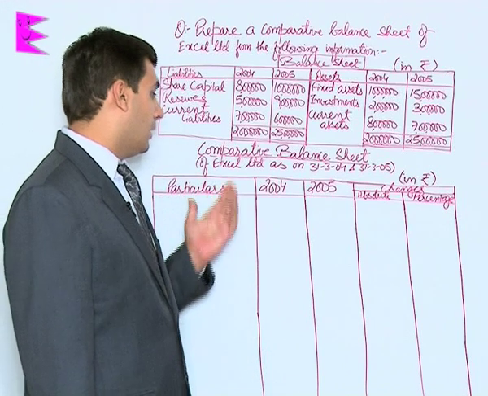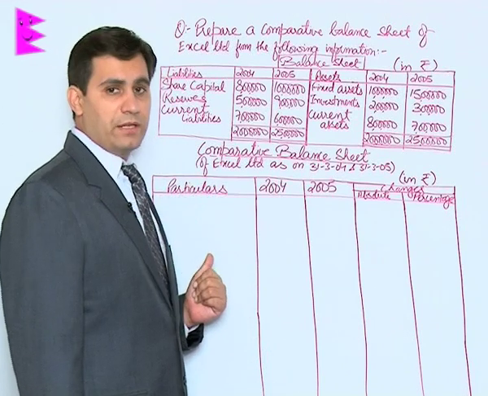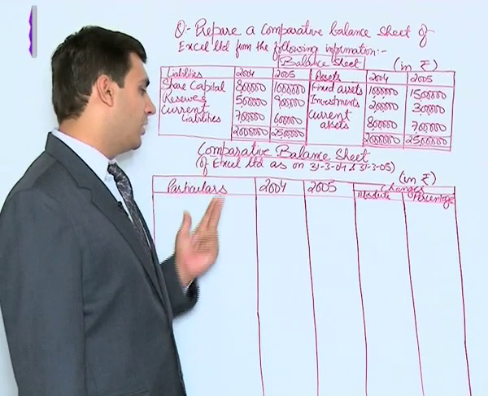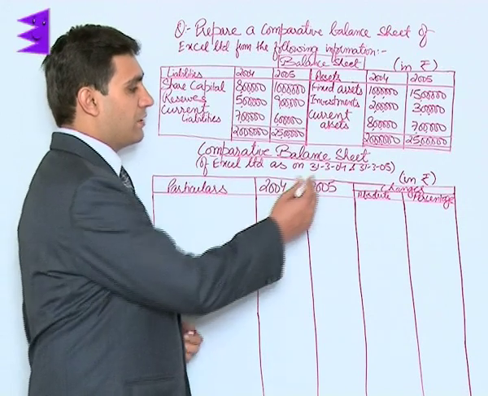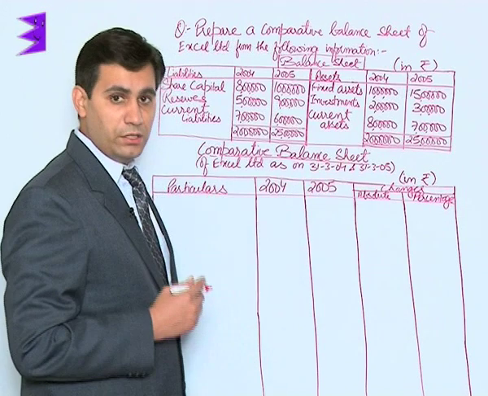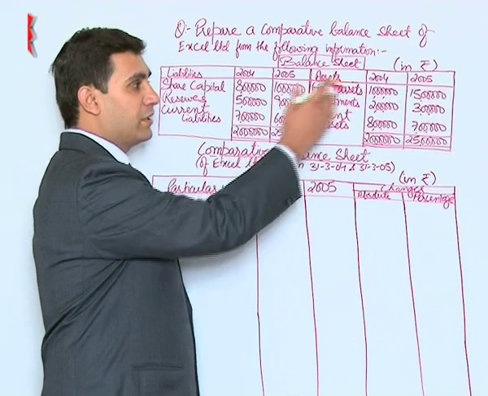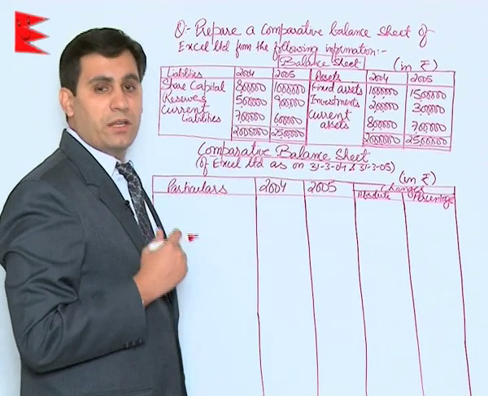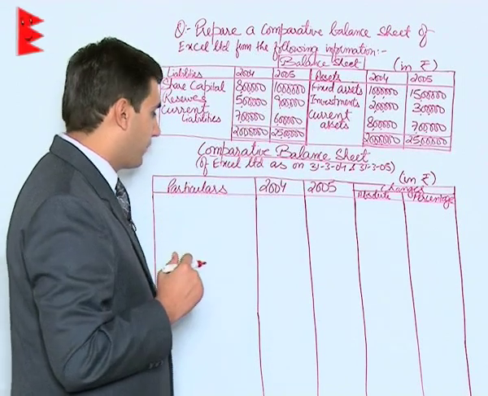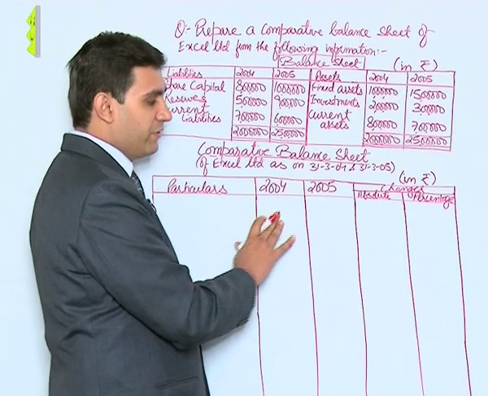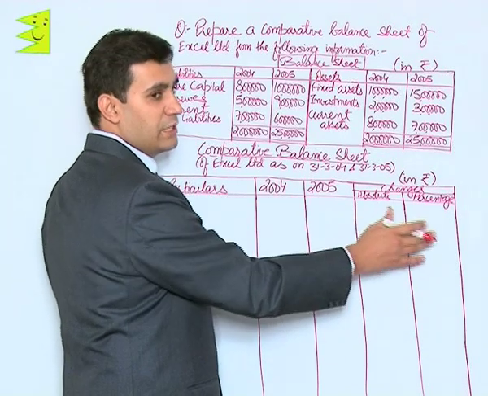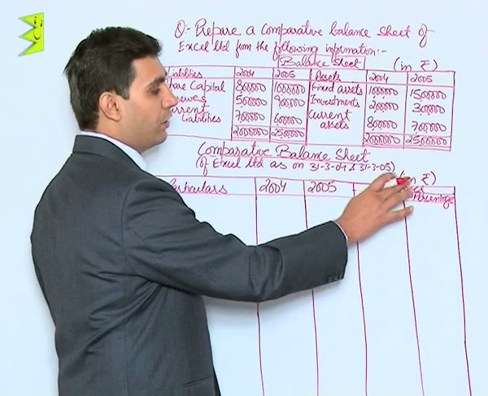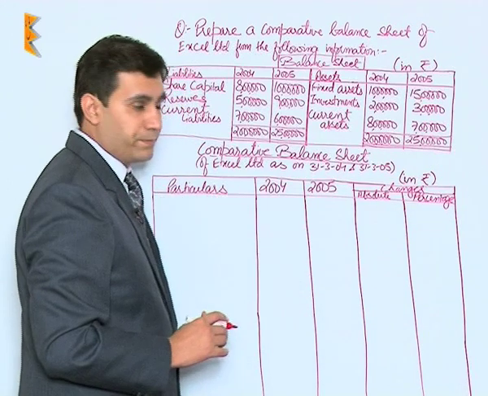Now students, coming to the format of the comparative balance sheet, we will write comparative balance sheet of Excel Limited as on 31st March 2004 and 31st March 2005, assuming that the years were closing on 31st March. Then we have columns for previous year, current year, absolute change and percentage change, and all the figures are in rupees.